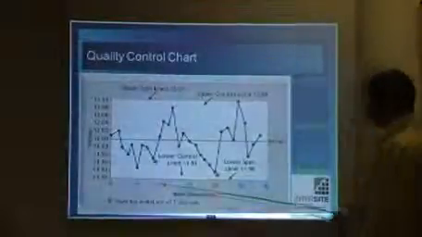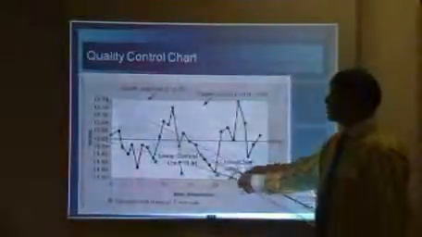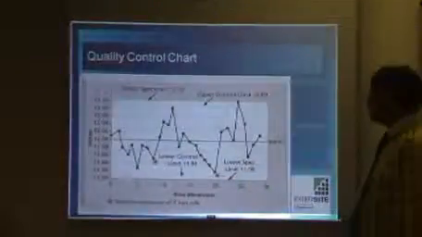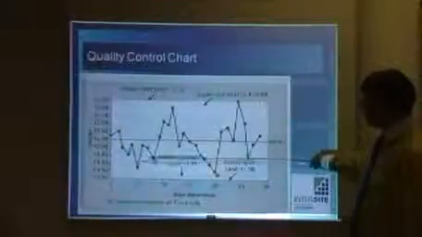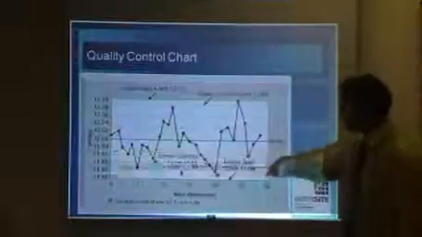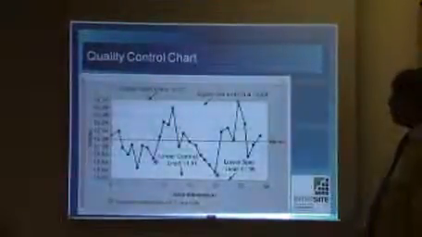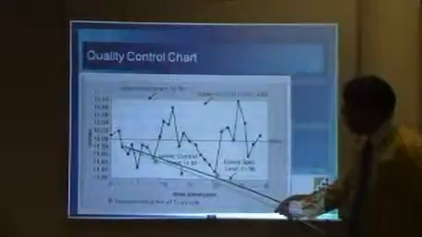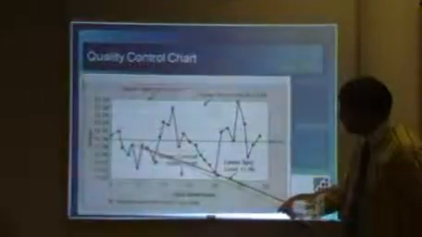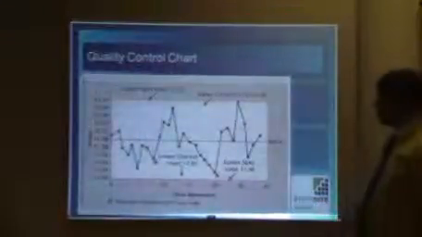Here you can see we've taken time over inches as an example, and this process must operate within those parameters of 11.90 and 12.10. And have a look, if you look at the number of data points, you'll see there 1, 2, 3, 4, 5, 6, 7 data points.